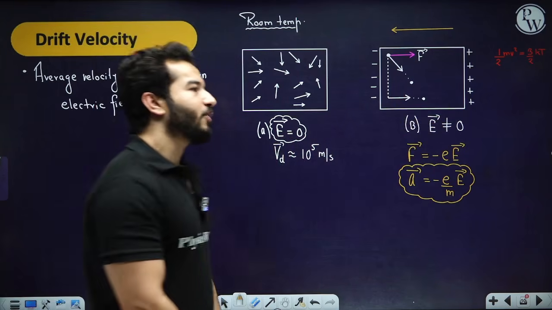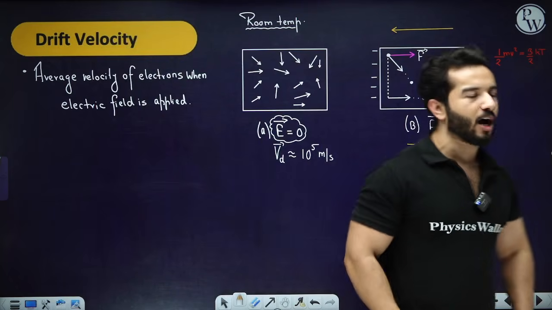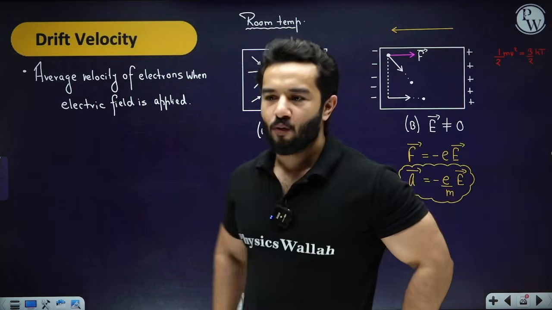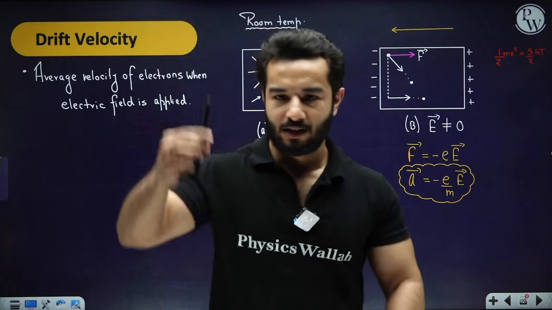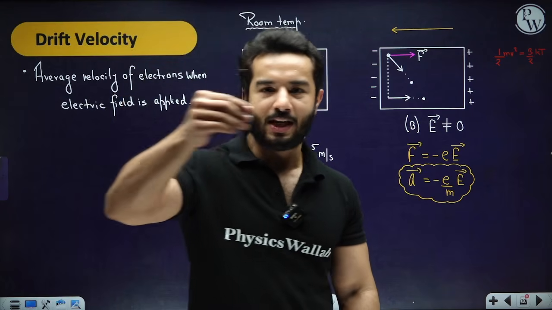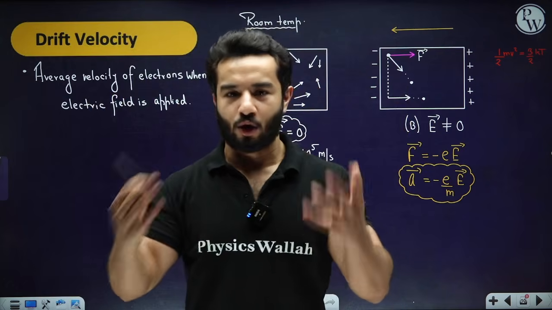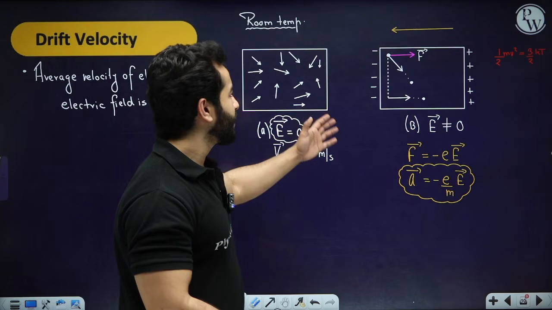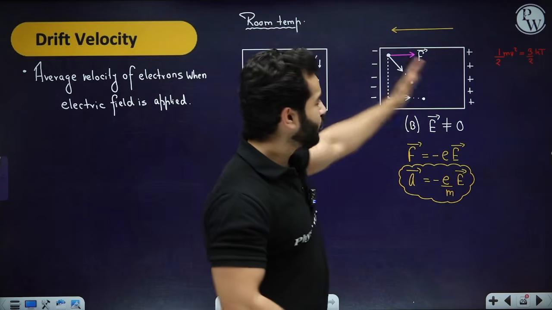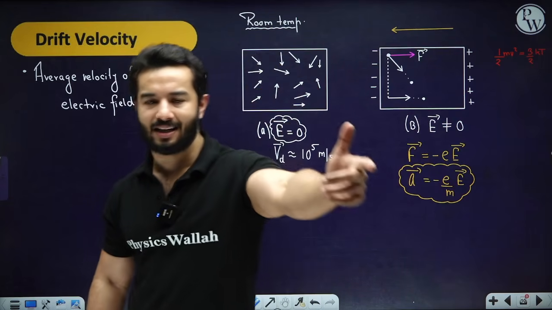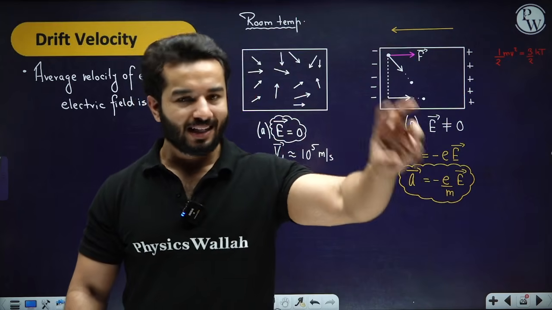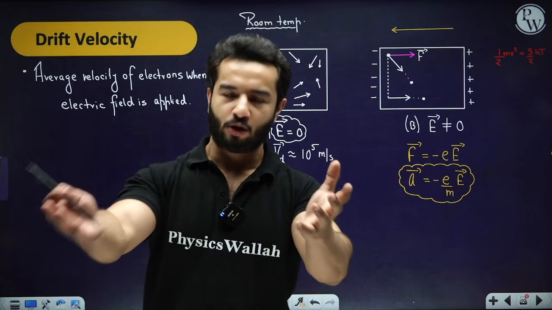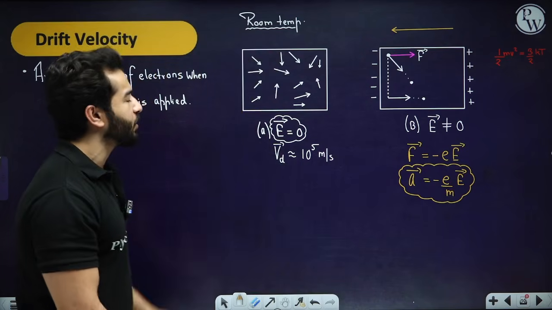It's not a very streamlined motion, like for example if this pen is moving like this, that's not how electrons move. Electrons move something like this: they move, then they collide, and then they transfer their energy to some other electrons, and overall all the electrons are moving in a particular direction, right?